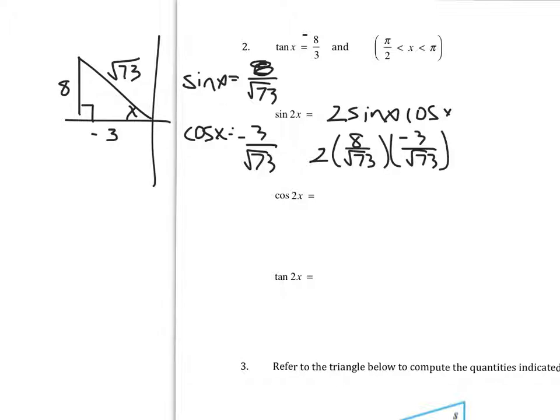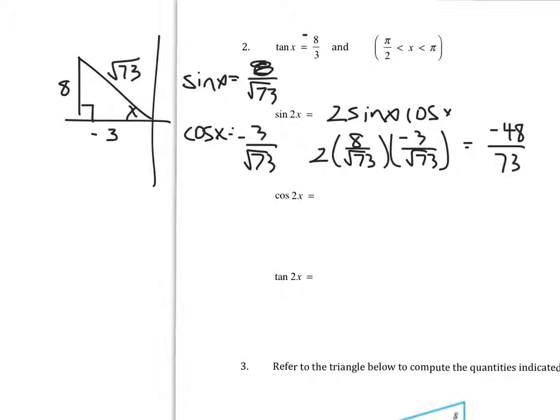What happens if I take root 73 and multiply by root 73? It's just 73 in the denominator, so do I need to take the time to rationalize? I didn't think so. So that's a great question. Now we just got 16 times negative 3, which is negative 48. And 73 is prime, so we can't simplify.